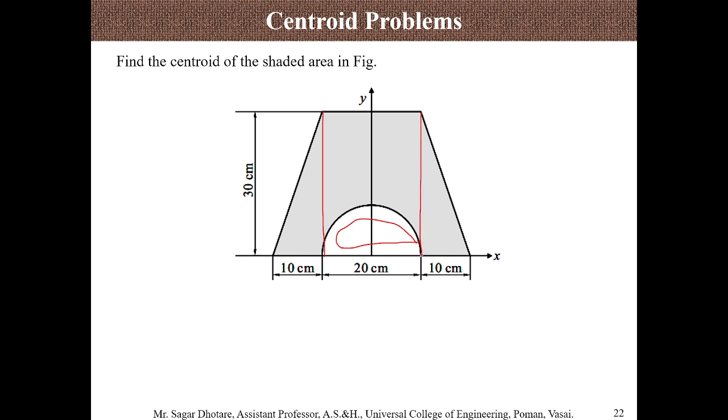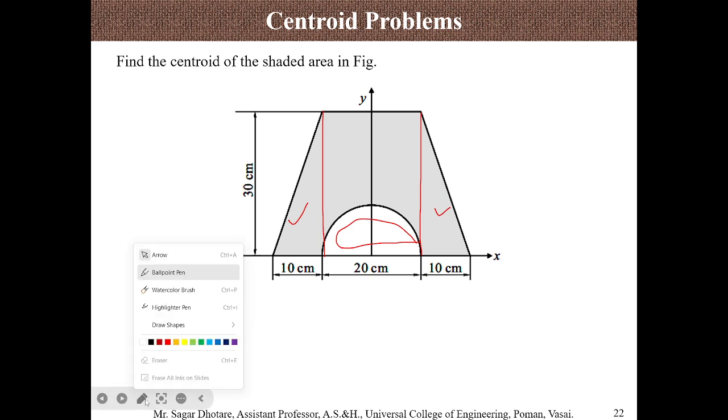I hope everybody is looking at it properly. And there are two triangles. So the main geometries are a semicircle, a rectangle, and two similar triangles. I hope this is clear to everyone.